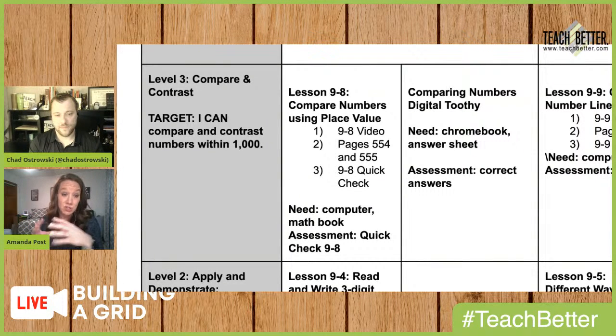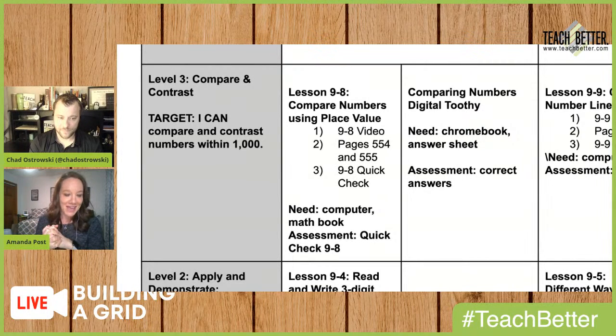Okay, so the biggest thing with this one is in this specific grouping, what they need to be able to do is to show that they can take two numbers and look at the specific place values, applying what they've learned before to compare two numbers based on their place value. Now, it's not just doing the comparing. It's also explaining their understanding why they chose the greater than, less than, equal to sign.